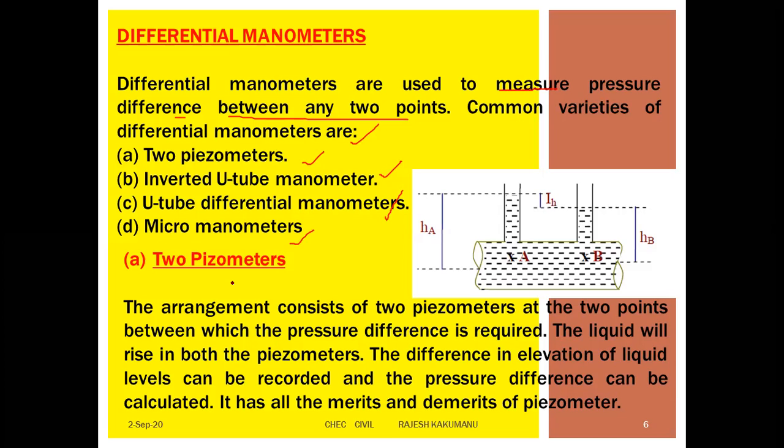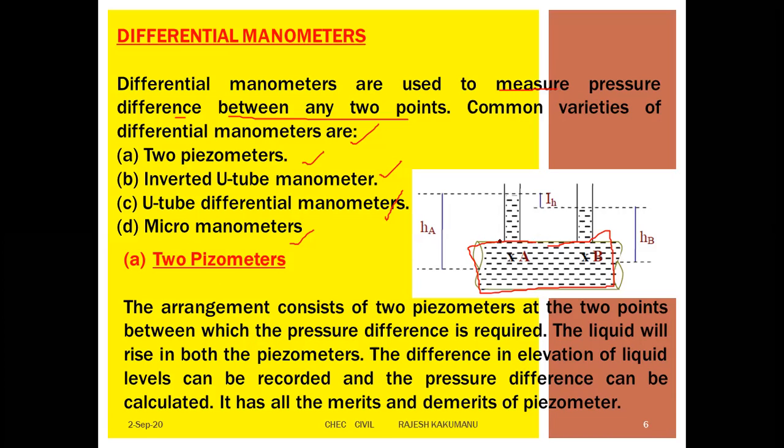Now from this figure you can see this is a pipe, where you have to find the pressure of the fluid. Now applying 2 tubes on the pipe, at some point we can see the changes. We can see the pressures of the pipes in the liquid. Now see the 2 piezometers. The arrangement consists of 2 piezometers at the 2 points between which the pressure difference is required.